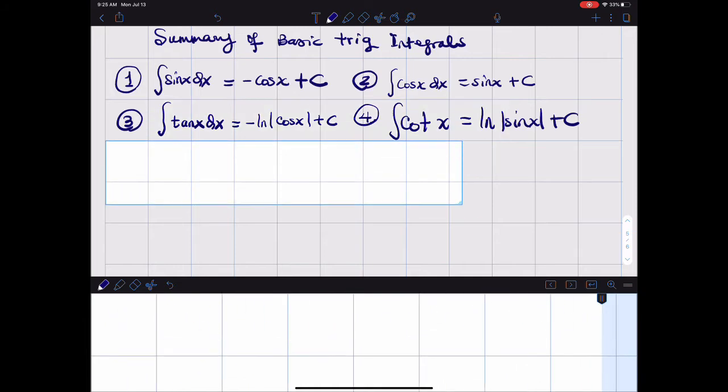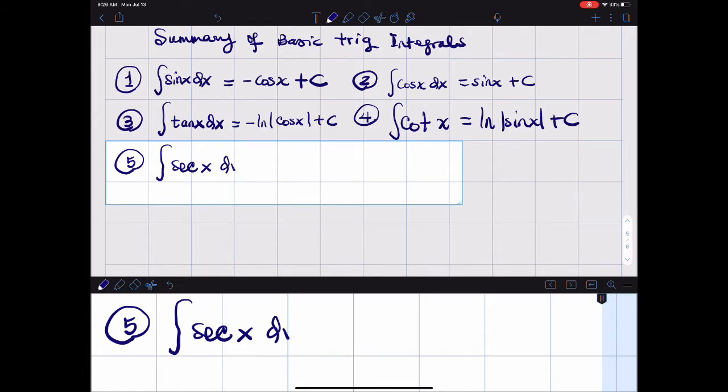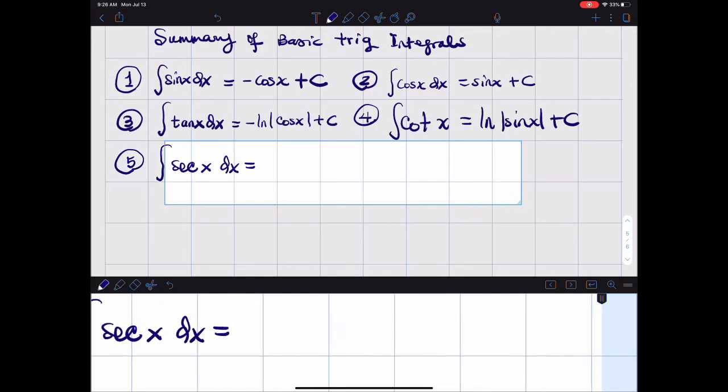All right, let's do number 5. The integral of secant of x dx. This is natural log of secant of x plus tangent of x plus some c.